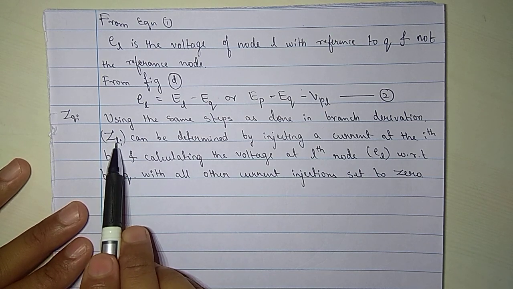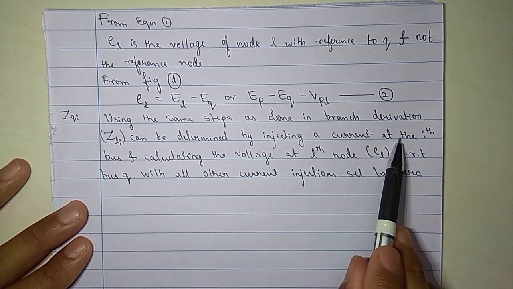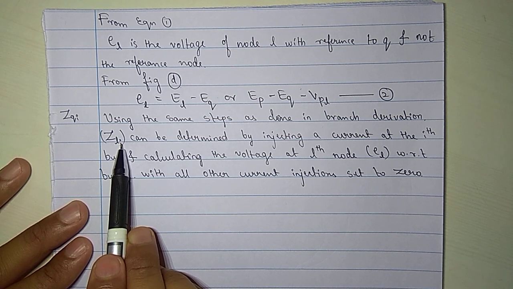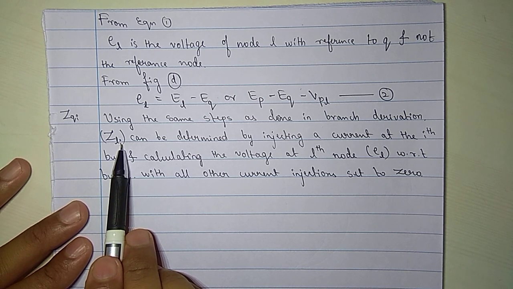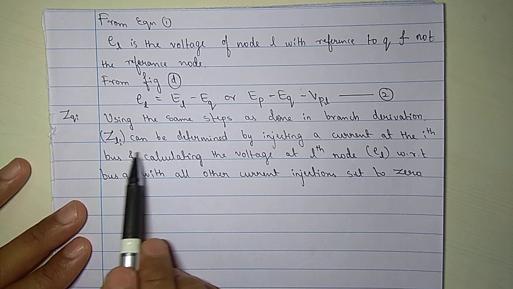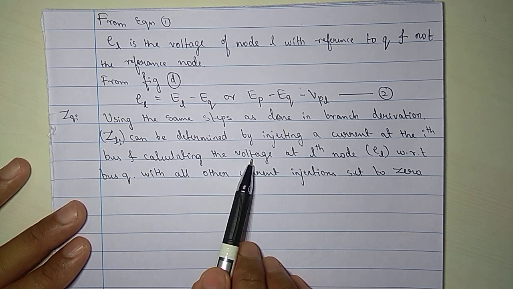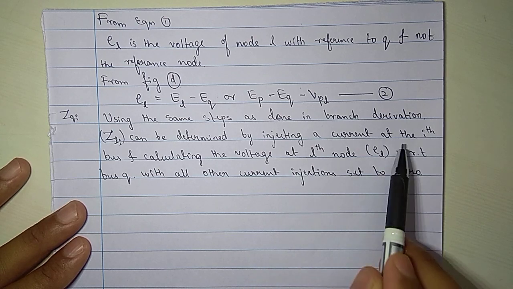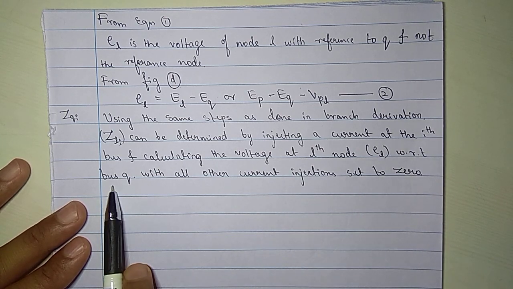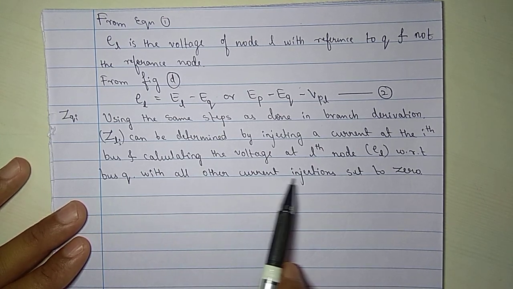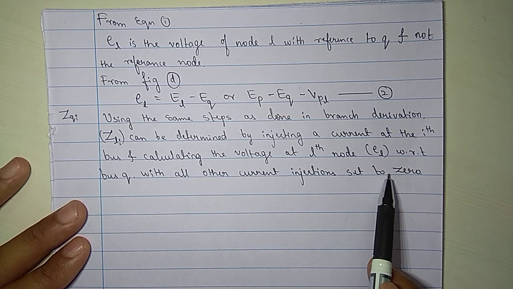in order to calculate this ZLI, the current at the ith bus and calculating the voltage at the lth node, that is EL, with respect to bus Q with all other current injections set as 0.